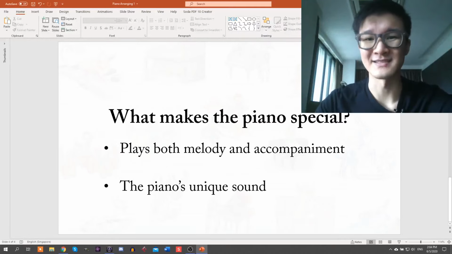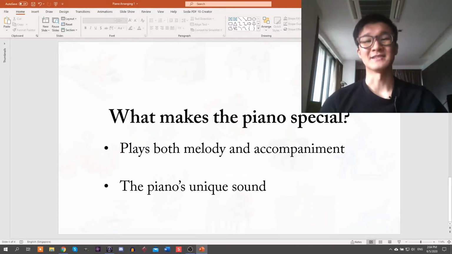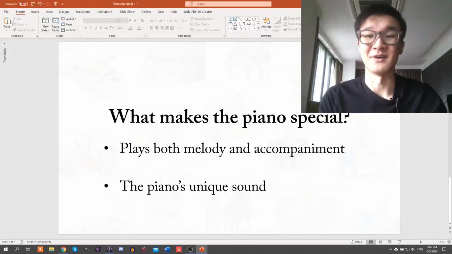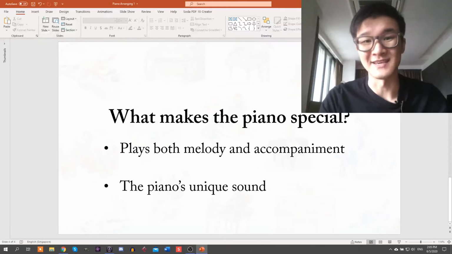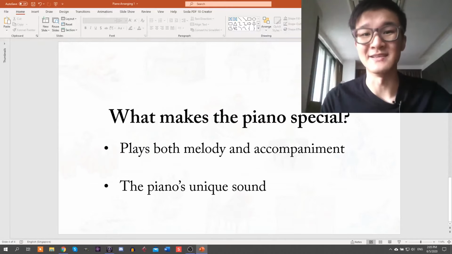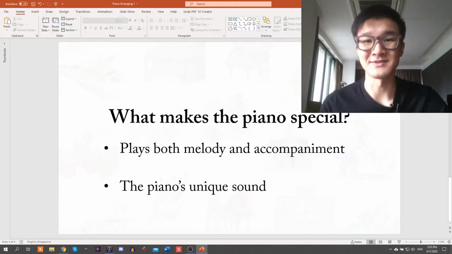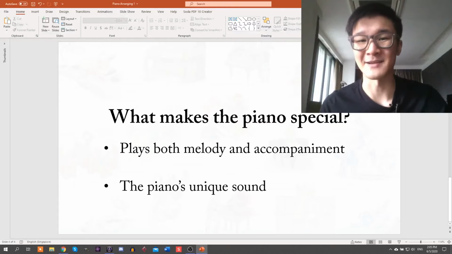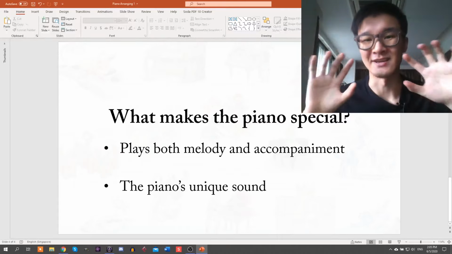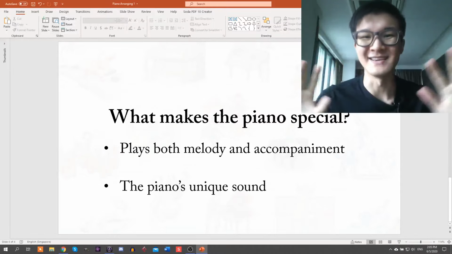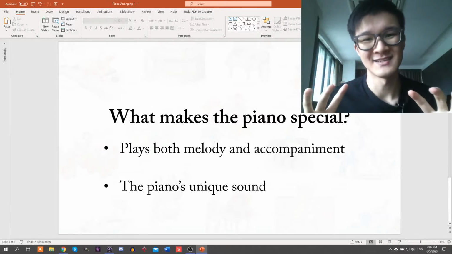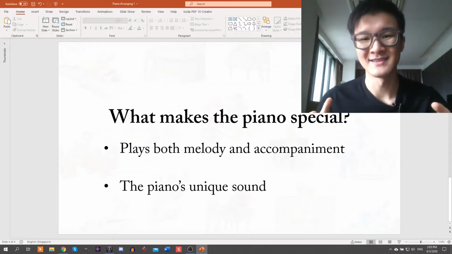There's mainly two things. The first is that, as you can see, if you know how a piano looks, it's got lots of keys, white keys and black keys, and if you play multiple of those keys, all of them sound at the same time. You've got 10 fingers, you can use all of them and play as many keys as your 10 fingers can reach in exactly the same moment.